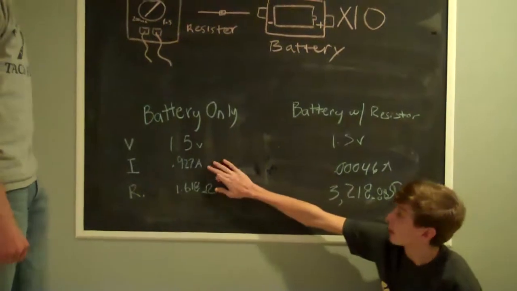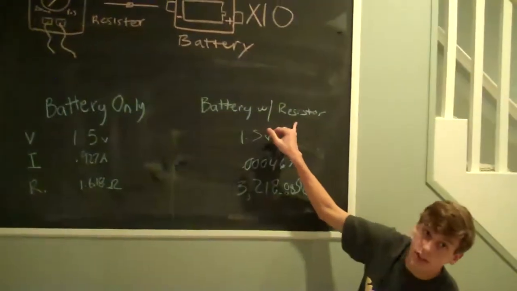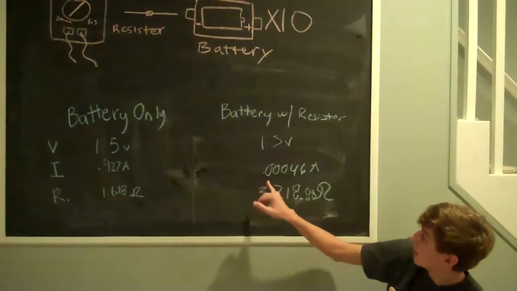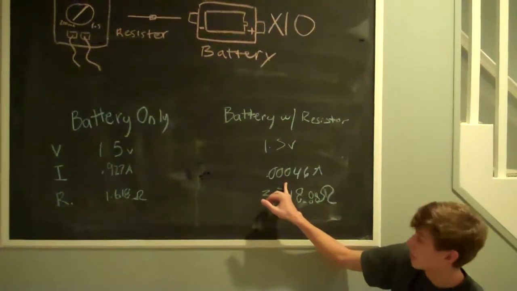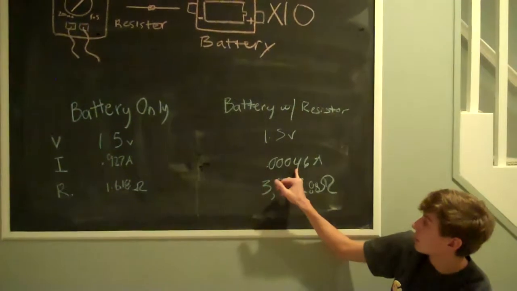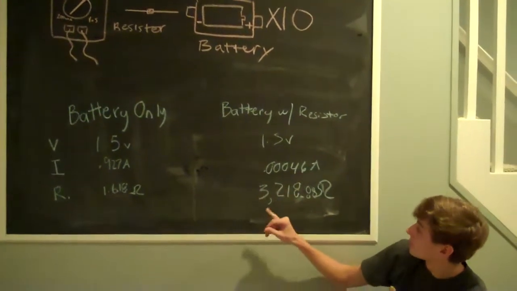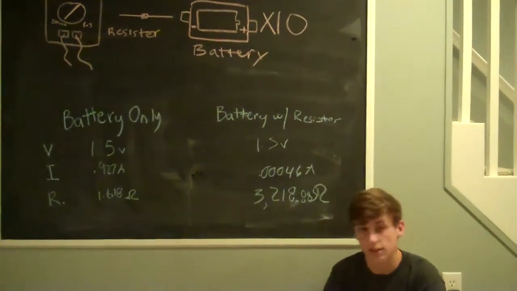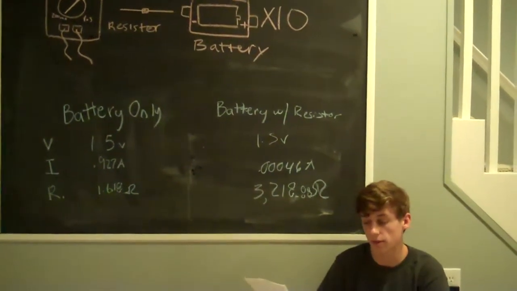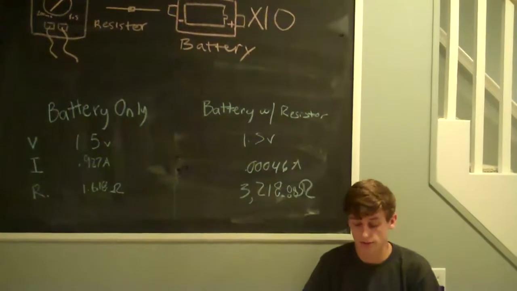With the battery and resistor, we had 1.5 volts, and our amps was less because we had resistance in it, 0.00046. We divided these two and subtracted, and found our resistance to be about 3.2 ohms for our resistor.